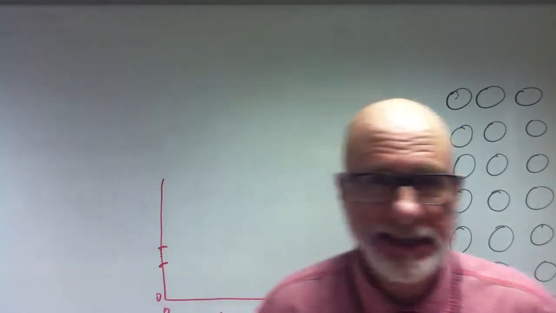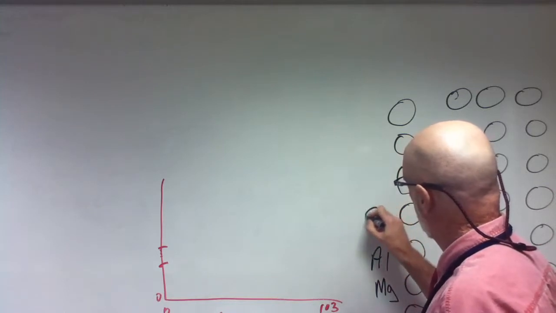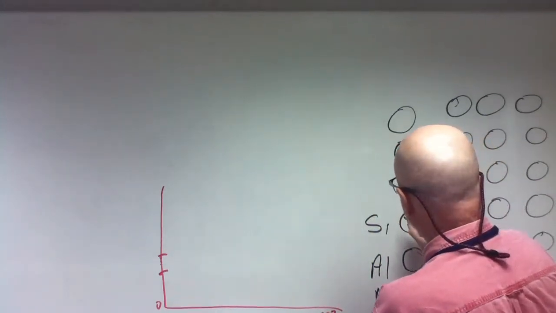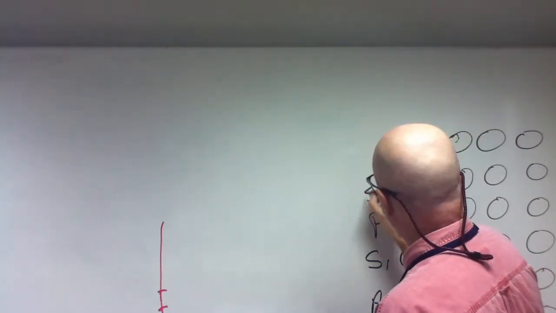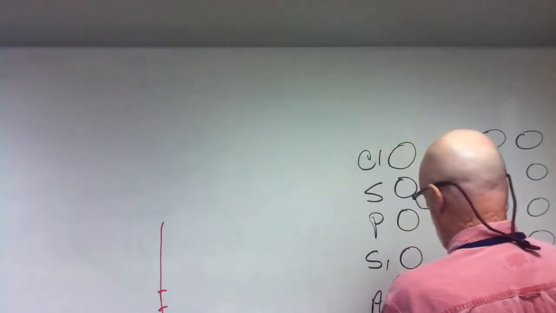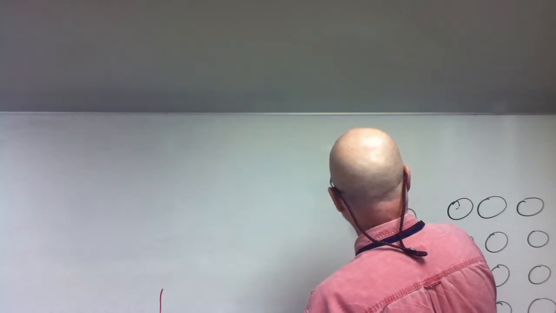What's after magnesium? Aluminum. Then what? Silicon. And then what? Phosphorus. Then what? Sulfur. And then? Chlorine. Oh, we have to do one more. Sorry, I thought we did them all. And then what's at the end? Argon.